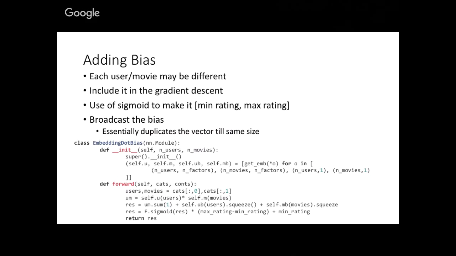So NumPy takes the 4x1 matrix and expands it so it can be multiplied by the 4x3 matrix. And you use the squeeze in PyTorch or NumPy, I think, to broadcast it.